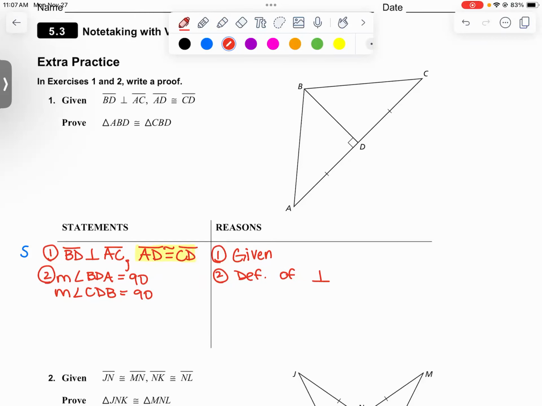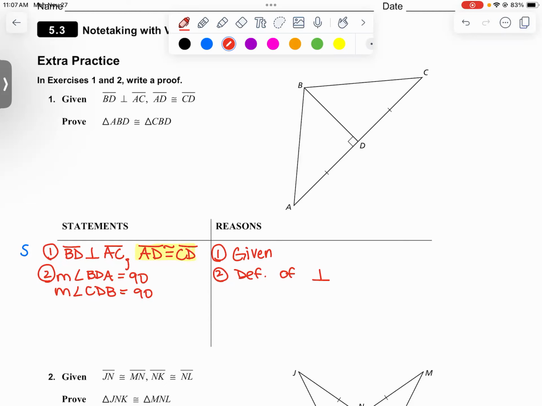All right, have we said that two angles are congruent? Not yet. What do we have to do before we can say that they're congruent? We could use a reflexive. Well, we're not there. We're not to the reflexive yet. I have two angles whose measures are 90. Have I said that they're congruent yet? No. Can I say they're congruent right now? Yes, we can see they both equal 90, so we could say the measure of BDA is going to equal the measure of CDB.